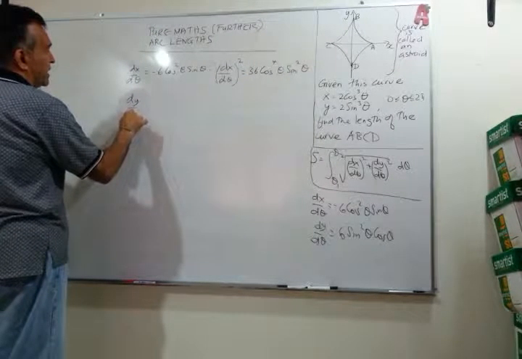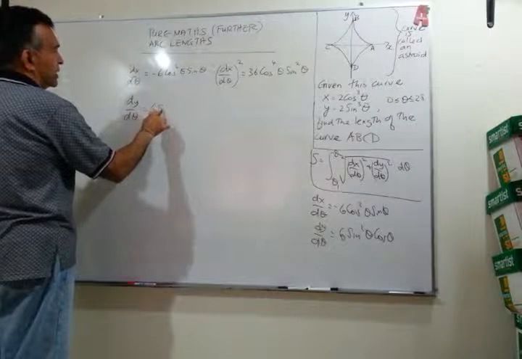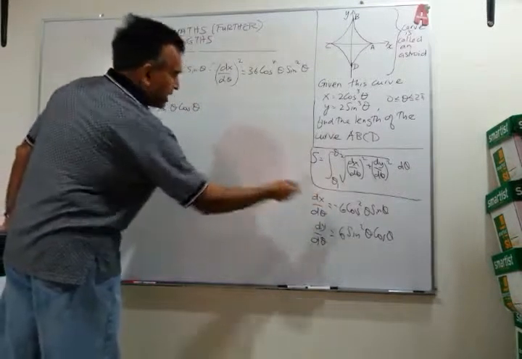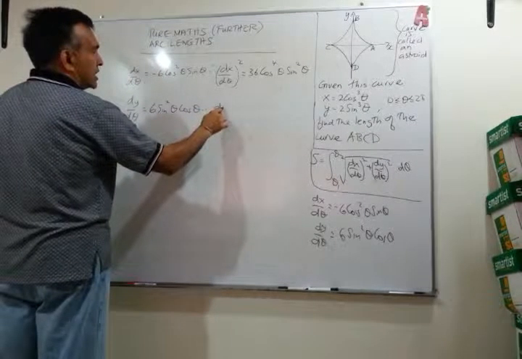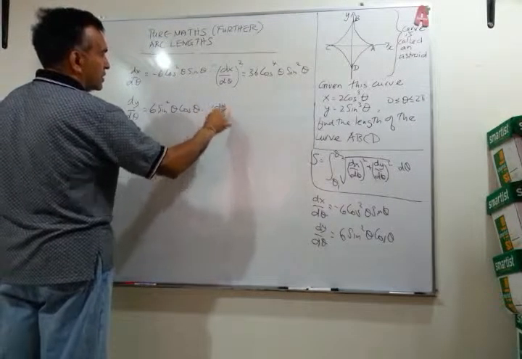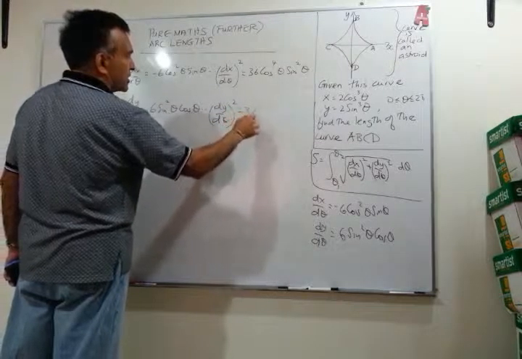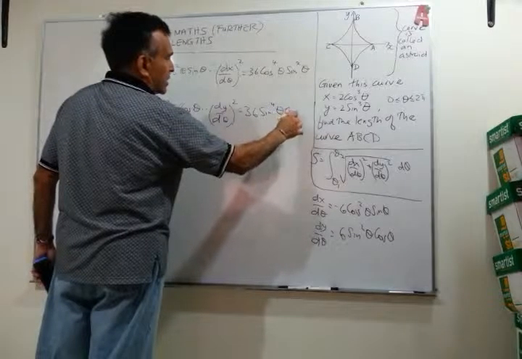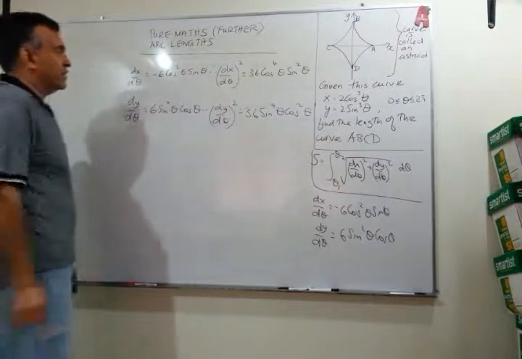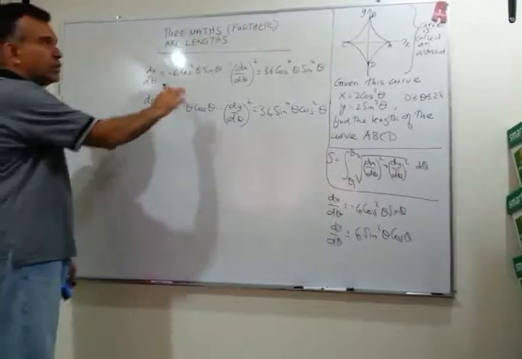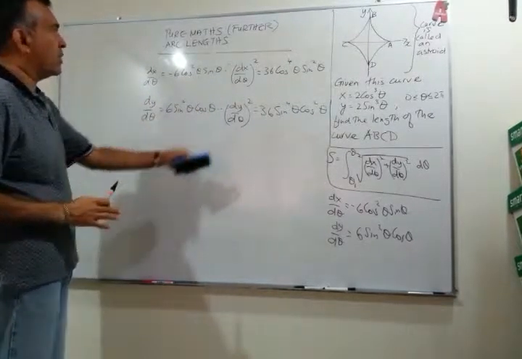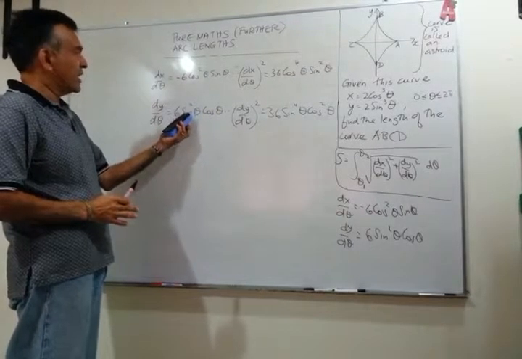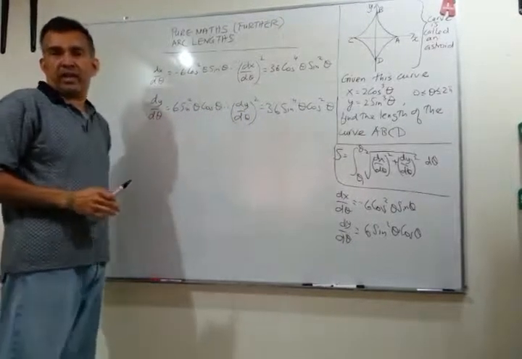And dy/dθ is 6 sine squared theta cos theta. Therefore, (dy/dθ) squared will be equal to 36 sine to the power of 4 theta cos squared theta. So, all I'm doing is just squaring this, 36 cos to the power of 4 theta sine squared theta, and squaring this, 36 sine to the power of 4 theta cos squared theta.